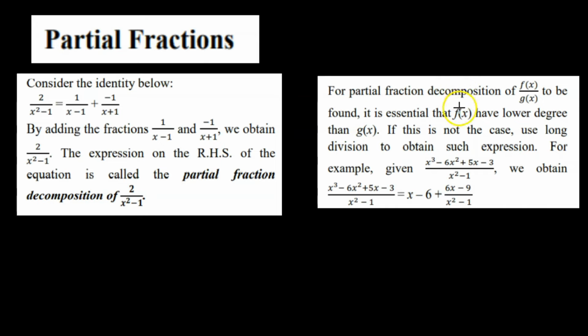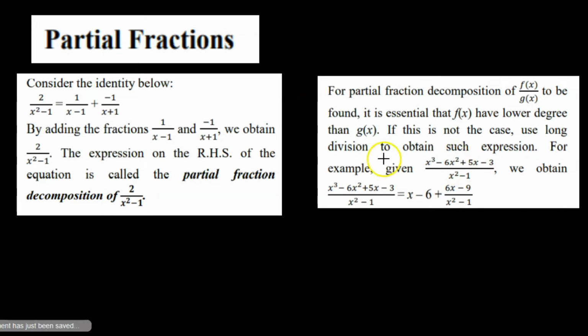You must always see to it that the highest exponent of the variable in the numerator is less than the highest exponent of the variable in the denominator before you find the partial fractions.